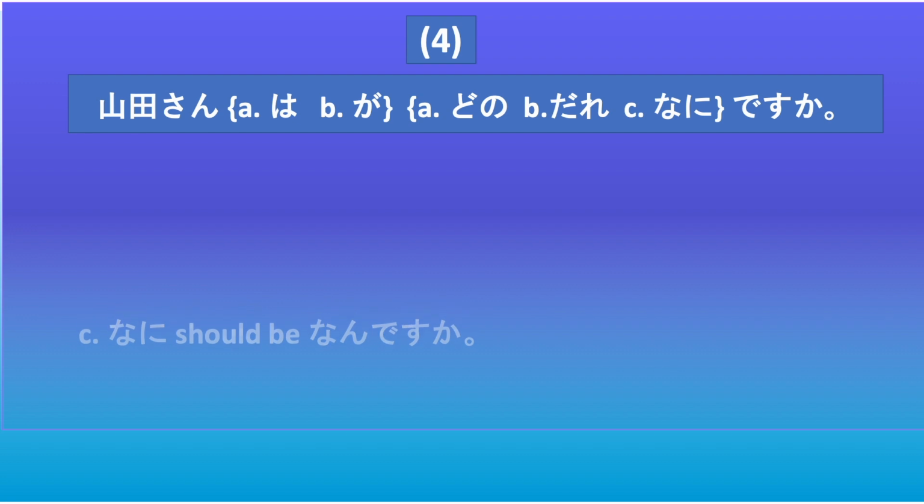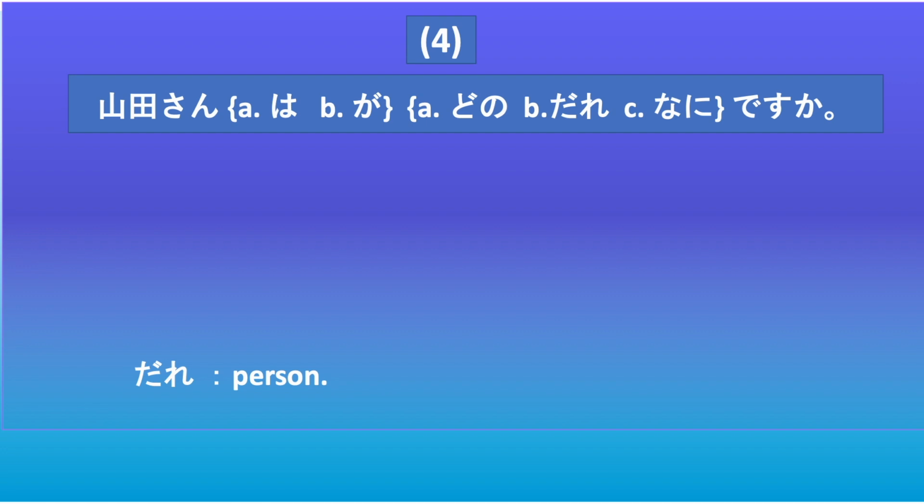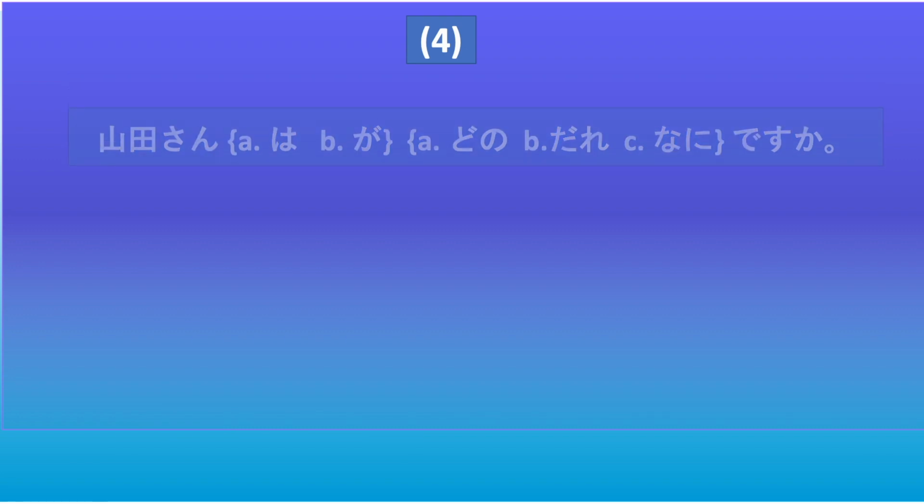So only 誰 is left as the good answer. When a WH question is at the end of the sentence, は should be used. 山田さんは誰ですか. Who is 山田さん?